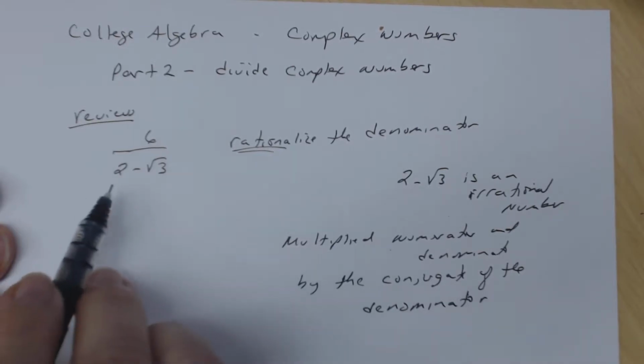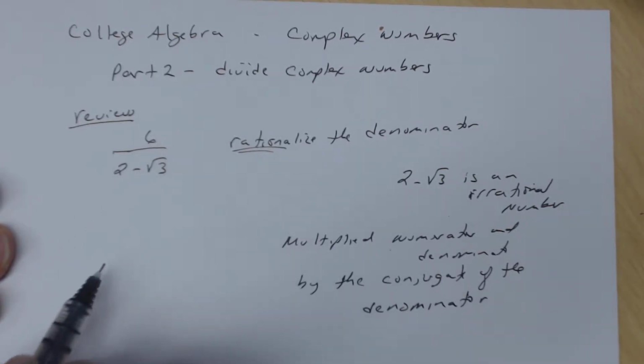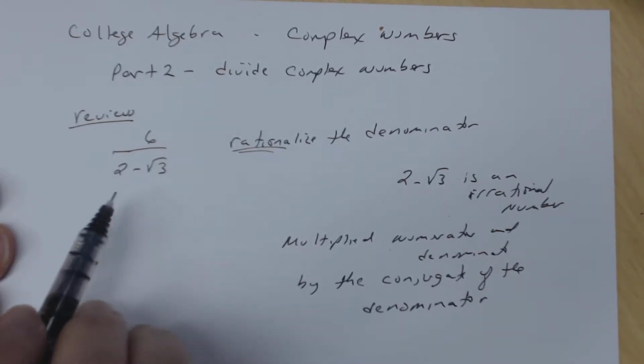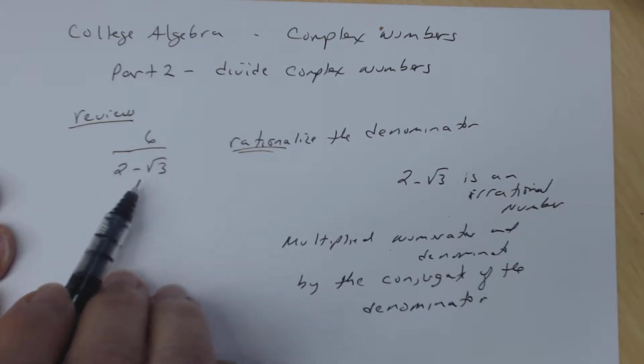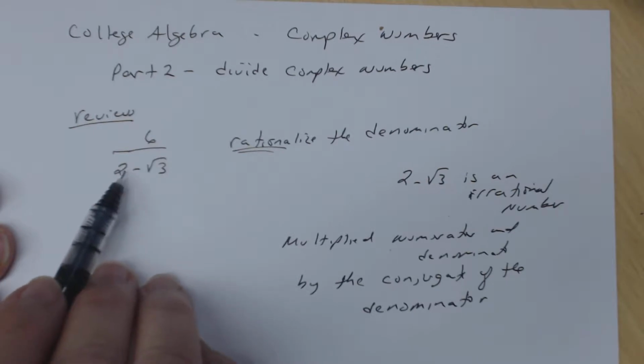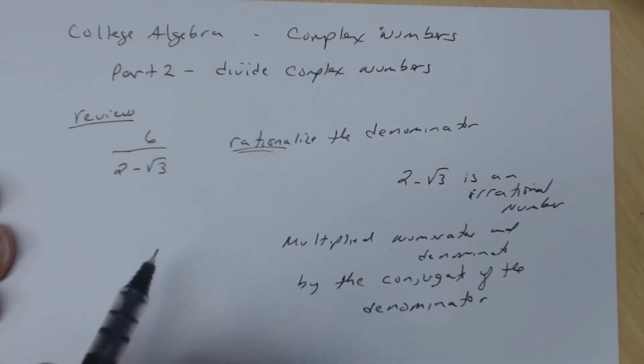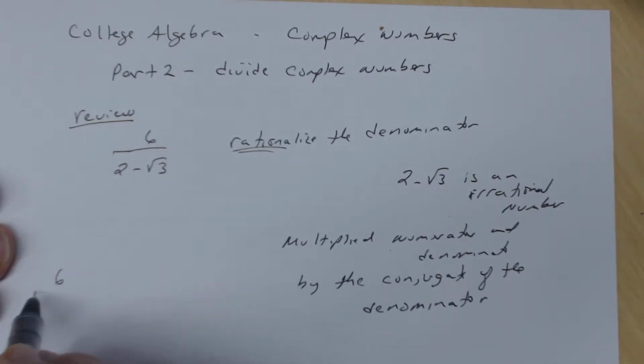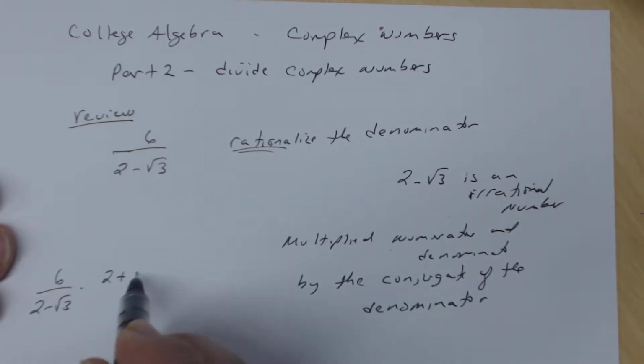The conjugate of 2 minus the square root of 3 is 2 plus the square root of 3. So basically you just change the middle sign. The denominator here is 2 minus the square root of 3, so you multiplied numerator and denominator by the conjugate.